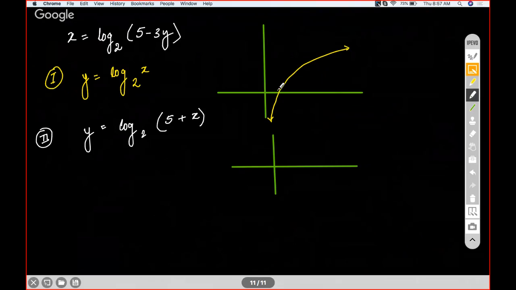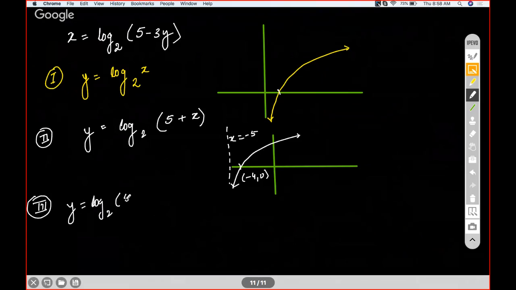So this point will now cut at minus 4 comma 0, and x equal to minus 5 will become the asymptote. Next, I'm going to change x with minus x.